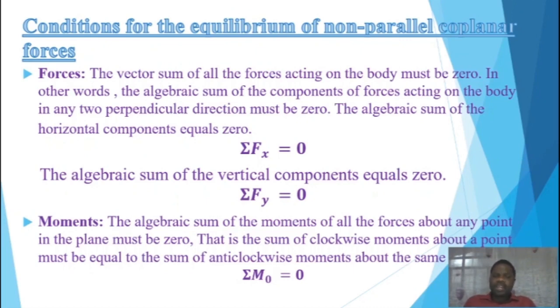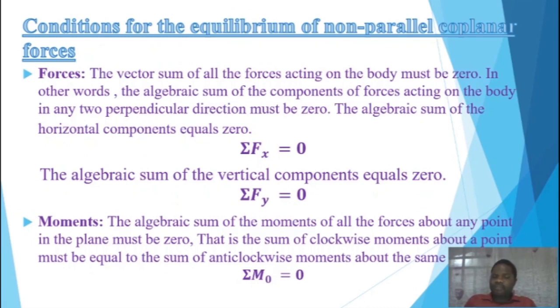So now we say, in other words, the algebraic sum of the components of forces acting on the body in any two perpendicular directions must be 0. In this case, we are talking about components, because we are resolving the forces into two components. So the algebraic sum of all the horizontal components must be 0.